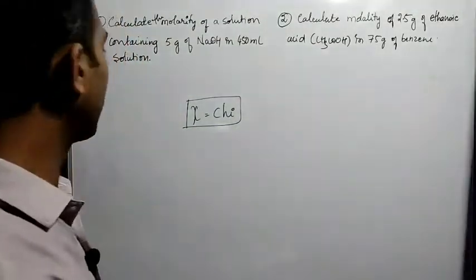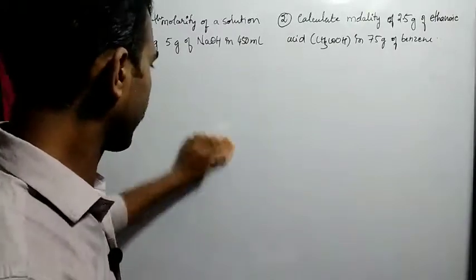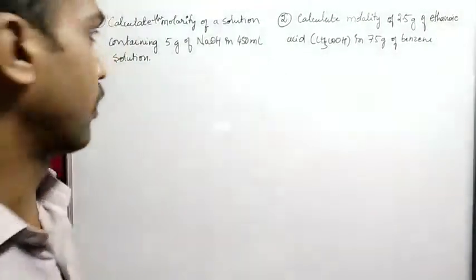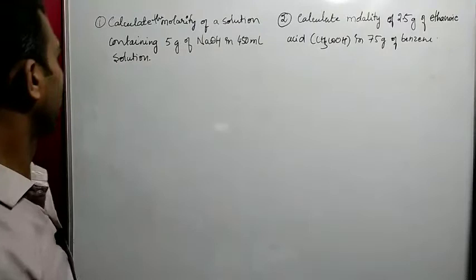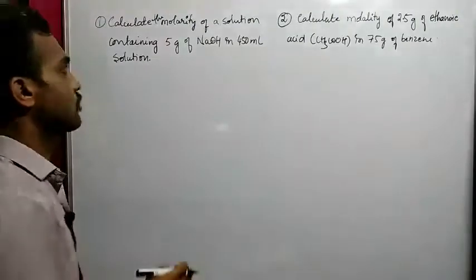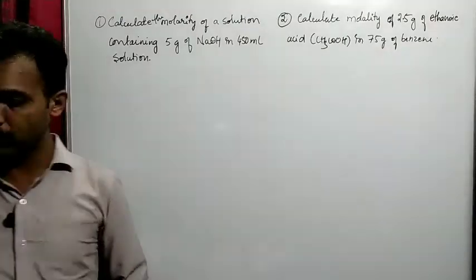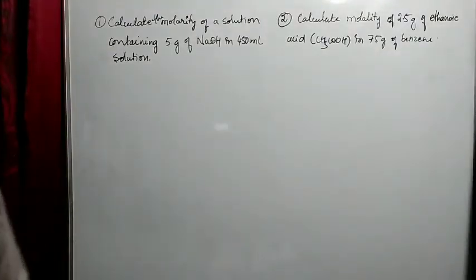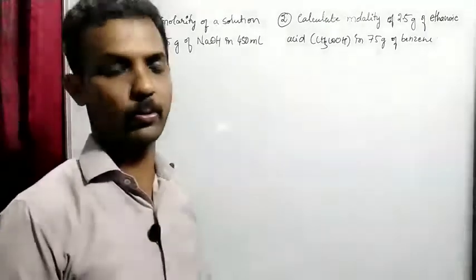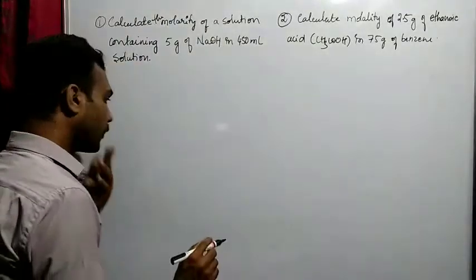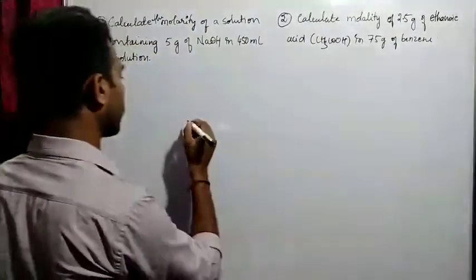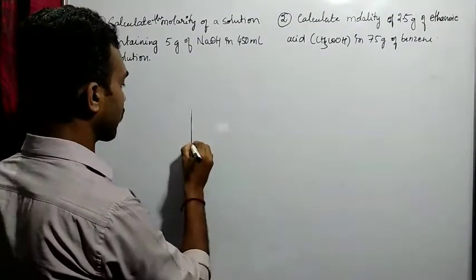Okay, so now we will go for the first problem regarding molarity. Here they have asked to calculate the molarity of a solution containing 5 grams of sodium hydroxide in 450 ml of solution. We call it a standard solution, prepared in a standard flask.